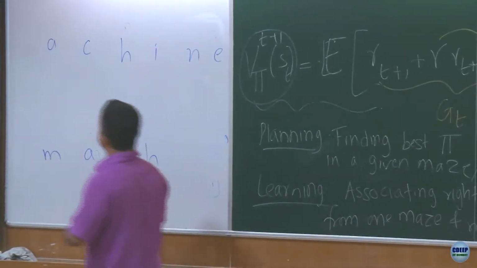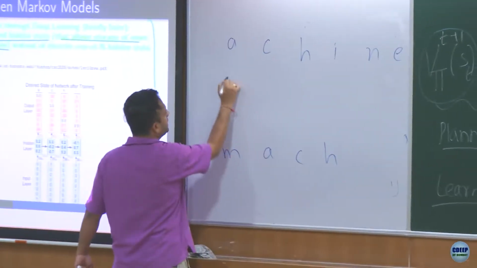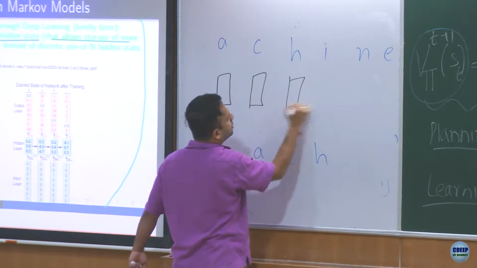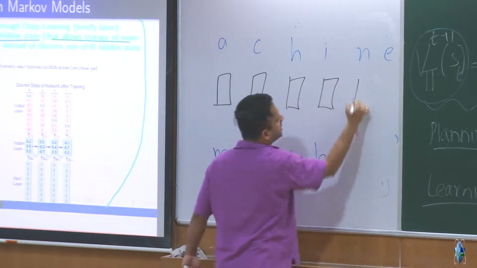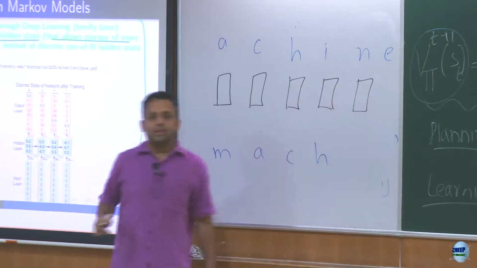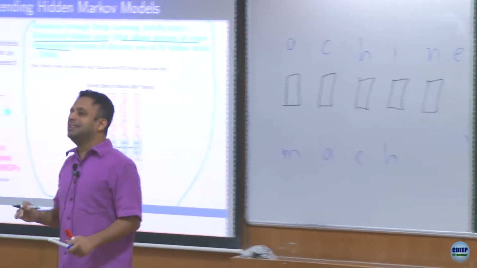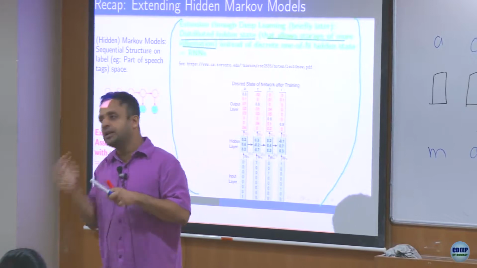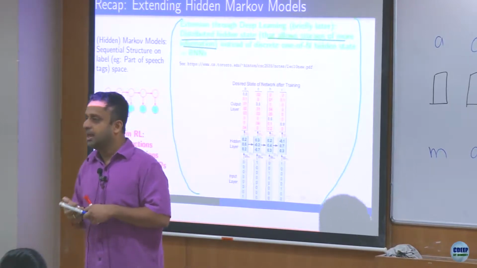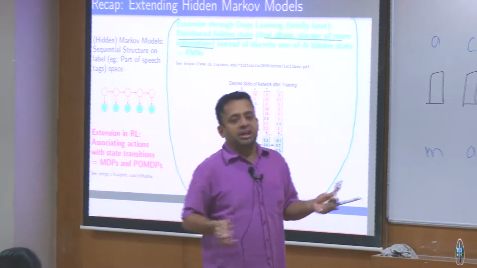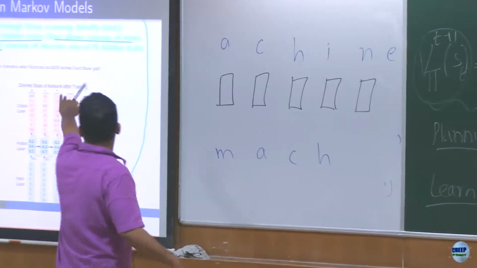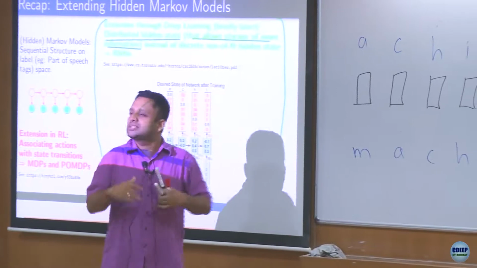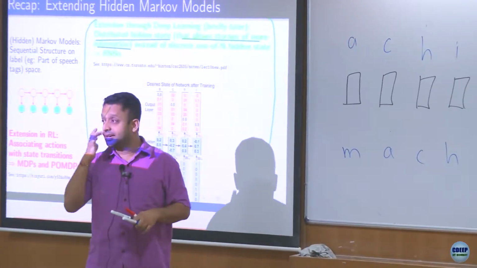And now what we are saying is the bridge between these two is through some hidden states. But instead of discretizing the hidden state to be one of n, either noun or verb or whatever, I say it could be multi-valued, distributed, so that you can store more information beyond the part of speech tag.